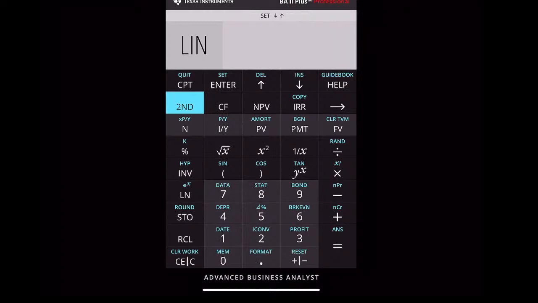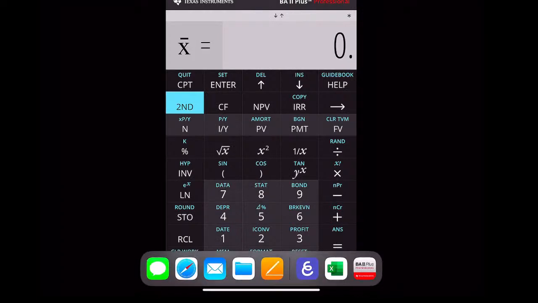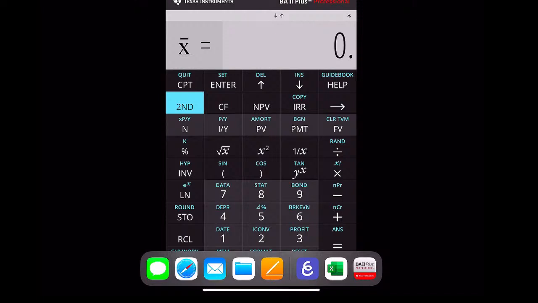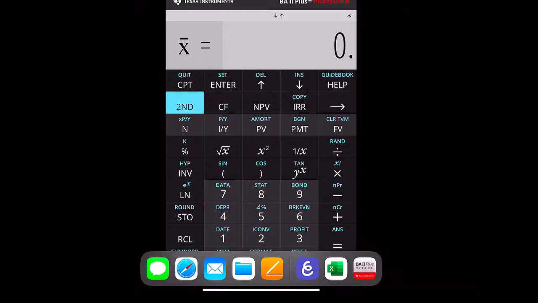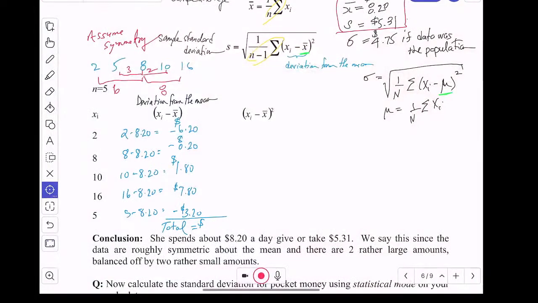I didn't make an error. The mean is 0. Now, was that a coincidence that the mean, sorry, the mean. I guess that's the mean I wanted. So it turns out that the mean is 0 because the sum is 0. Now, is that a coincidence or is there a reason for that?